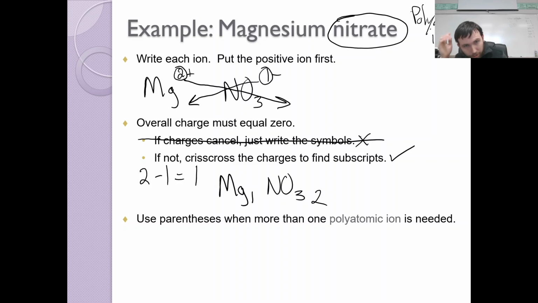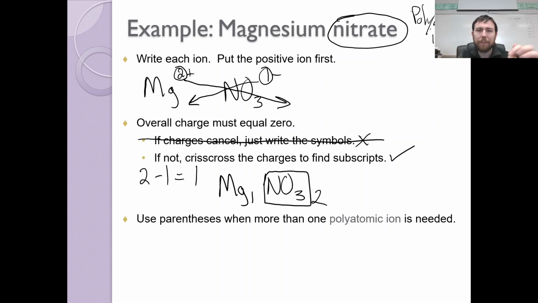Now remember, because we're dealing with a polyatomic ion, NO3, and because we're saying that there are going to be 2 nitrates, we can't just write this as Mg1NO32. That's not going to work.